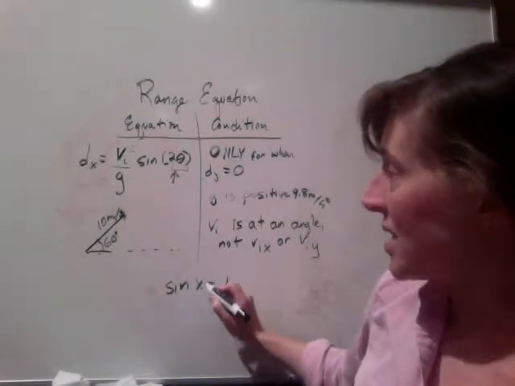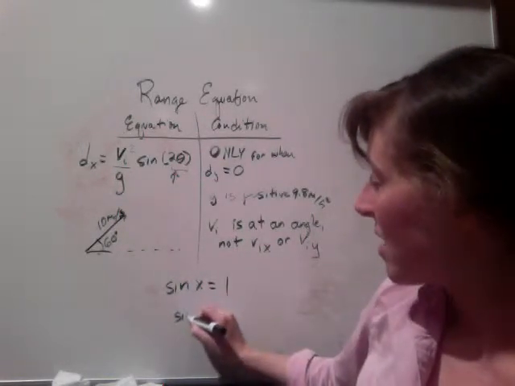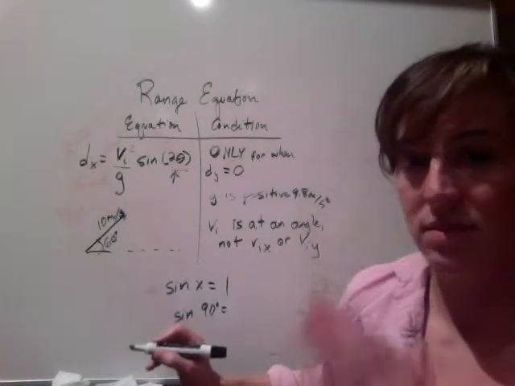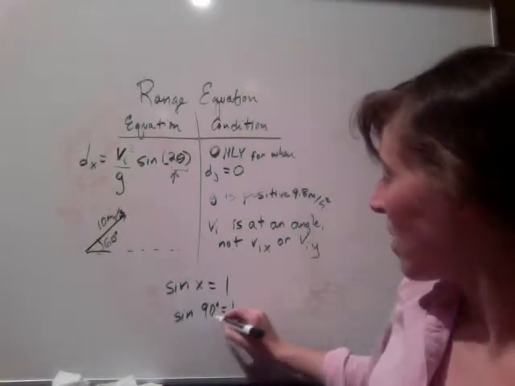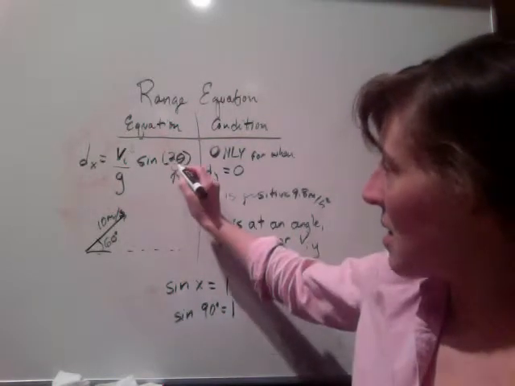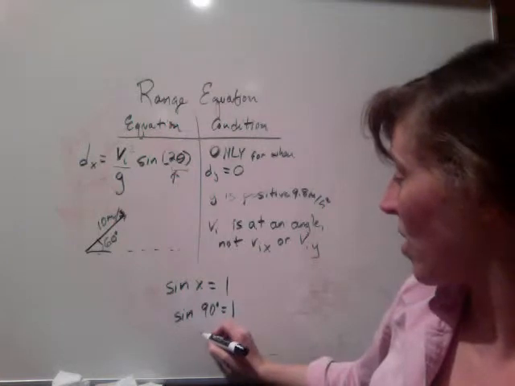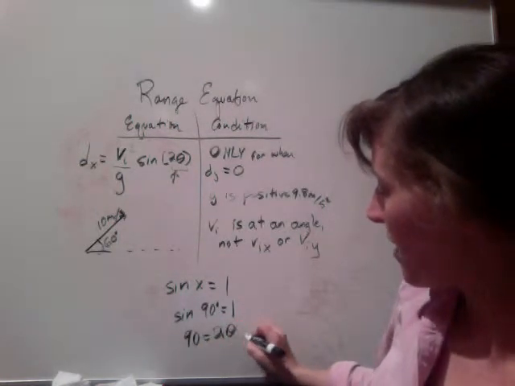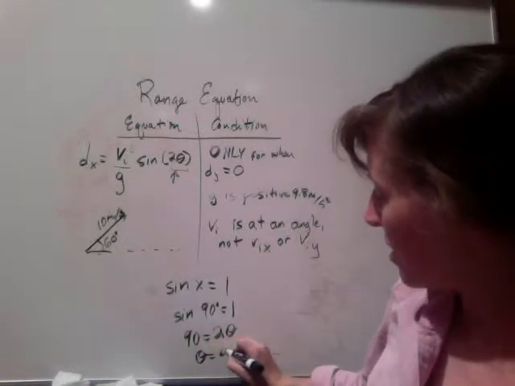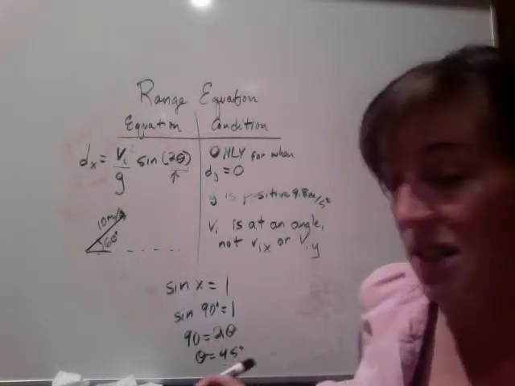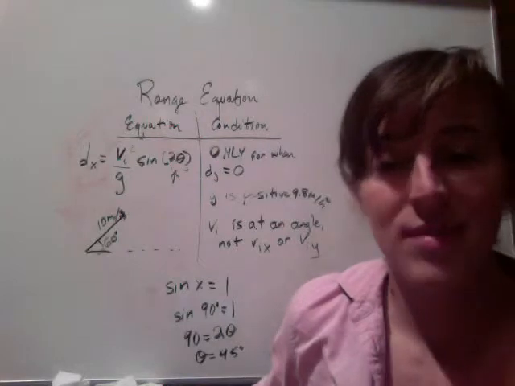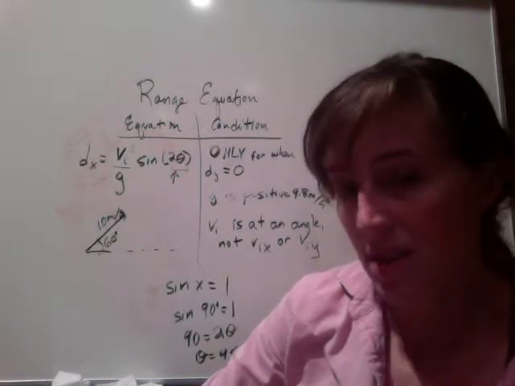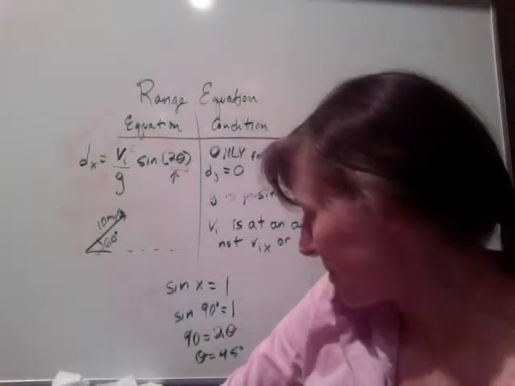Well, sine of 90 degrees ends up being 1. But that's not our theta. So it works out that if 90 is 2 theta, then theta equals 45 degrees. So that's going to be our maximum range launch angle, at least theoretically speaking.